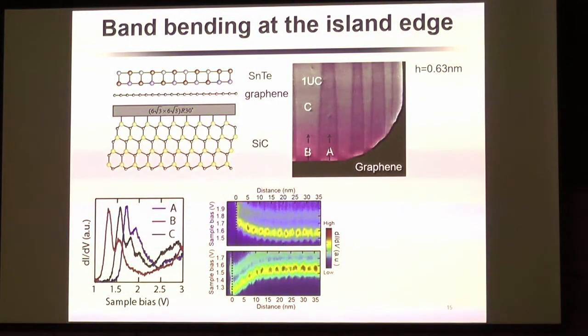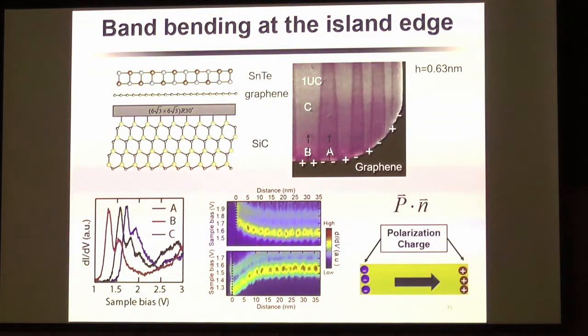So you can see the gap edges for the A point along these lines. You can see there is a bending here, right? And for the B side, actually it is a bending up. This is quite natural for us, because at the edge of these thin films, the polarization is discontinuous.